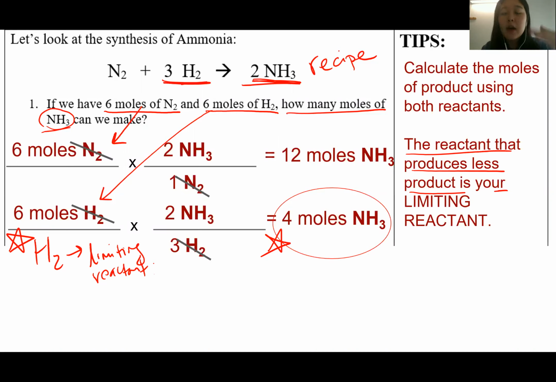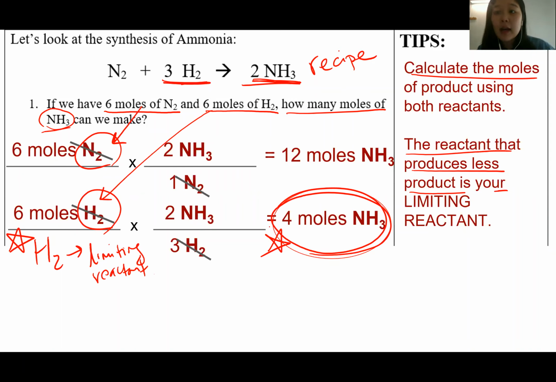The steps I took here: I calculated the moles of product using both reactants, and then I picked the number of moles that is less, because that is the amount of product that's going to be produced because of the limiting reactant.